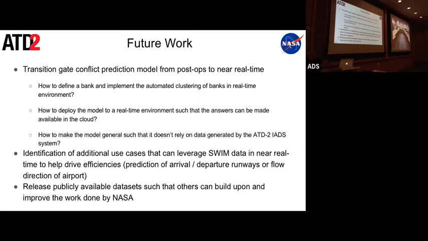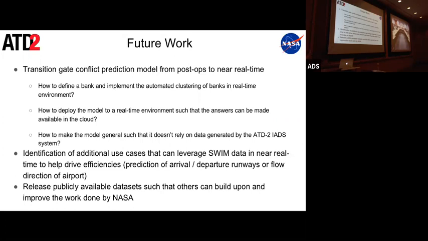That comes with all these different complications, such as how to define a bank and implement the automated clustering of banks in a real-time environment, how to deploy the model to a real-time environment such that the answers can be made available in the cloud, and how to make the model general such that it doesn't rely on data generated by the ATD2 IAD system, because if you want this model to scale across the national airspace, it can't use data from the ATD2 IAD system. It has to use data sources that are available at every airport.